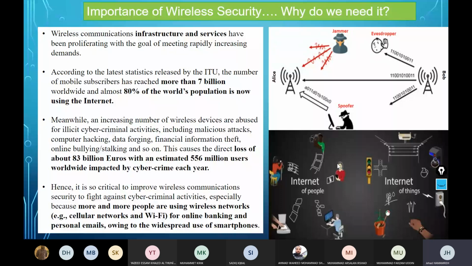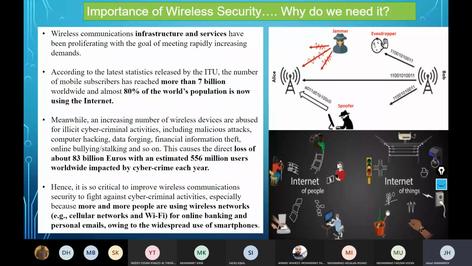Now, compared to wired systems, wireless networks are extremely vulnerable due to the broadcast nature of the wireless medium. Because whenever you transmit publicly to the air, you don't have control over your message on the air.